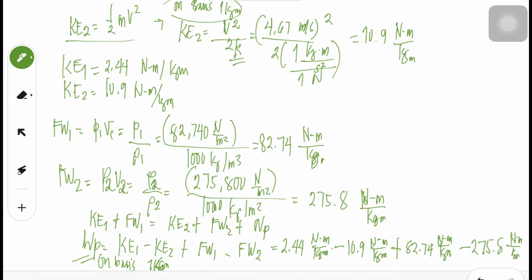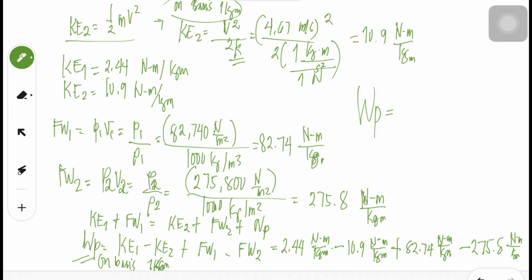So the work of the pump now is 2.44 minus 10.9 plus 82.74 minus 275.8.